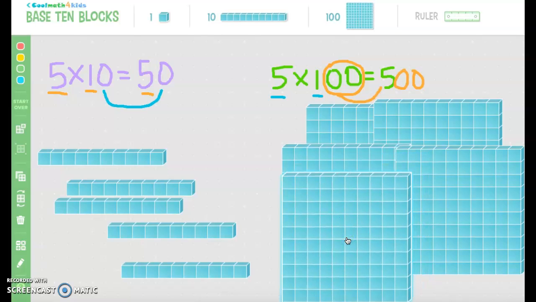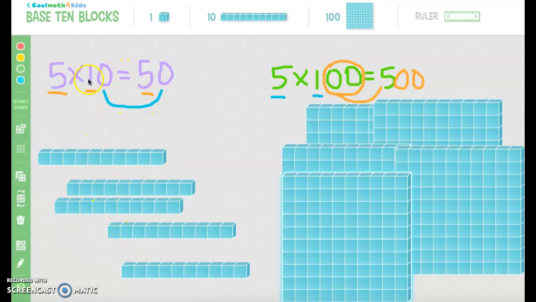And that's my answer, 500. So when you're multiplying by tens, hundreds, or thousands, you can think to yourself, I can multiply the first number by the 1 and then just put the zeros on the end of it. I know it seems like we shouldn't be doing that, but this is why it works.